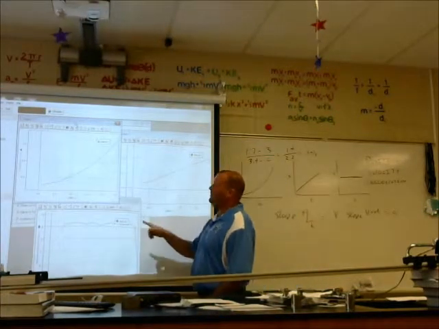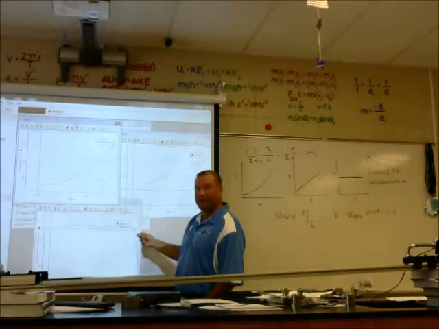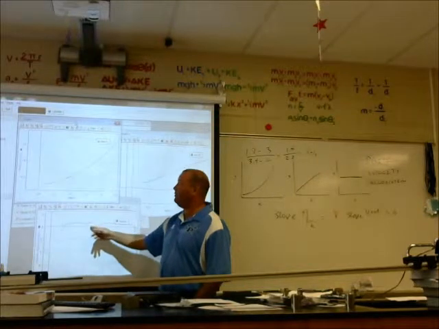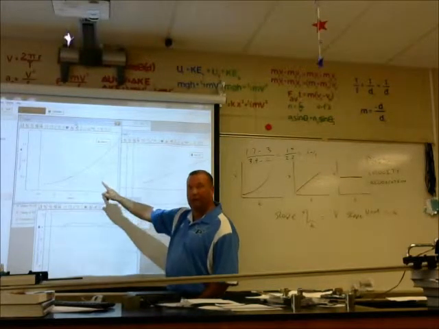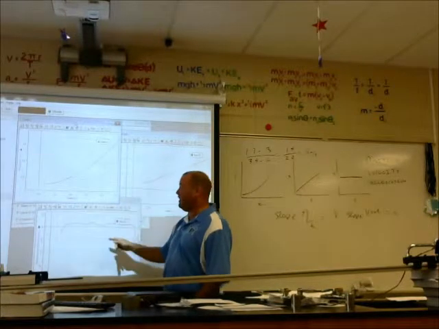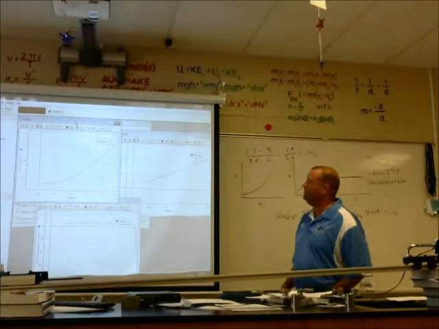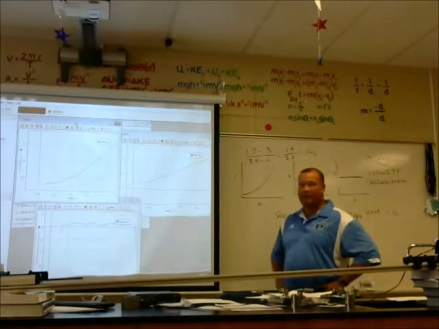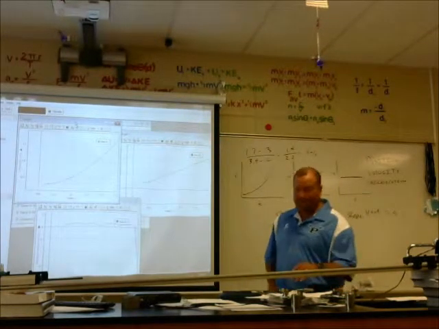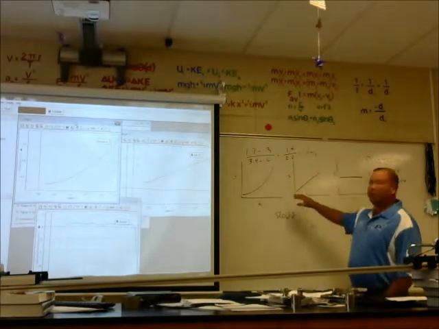Then we were able to take this information, x versus t squared, and find our acceleration, right? Which we could then plot. There's another way we could do that as well, which we'll talk about using position time and using a different equation that looks like this without having to do that mathematical derivative of that. Is everybody good there?